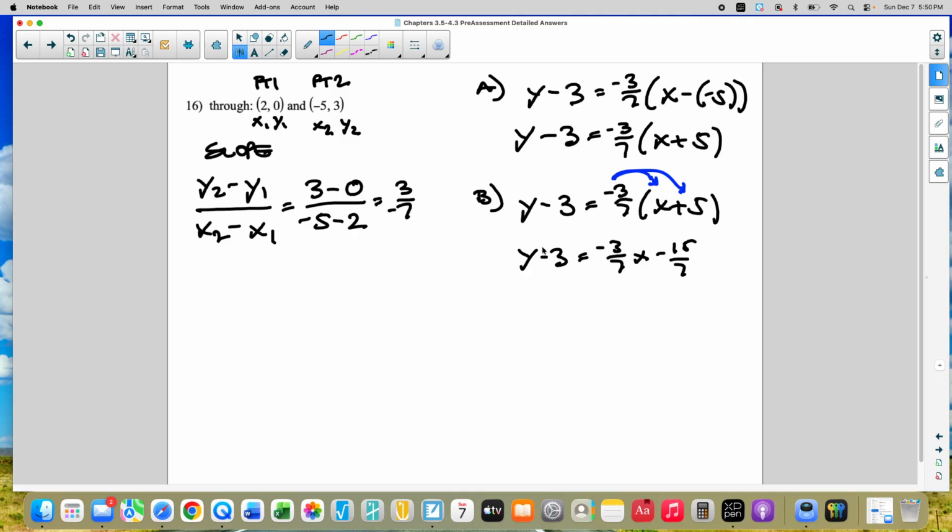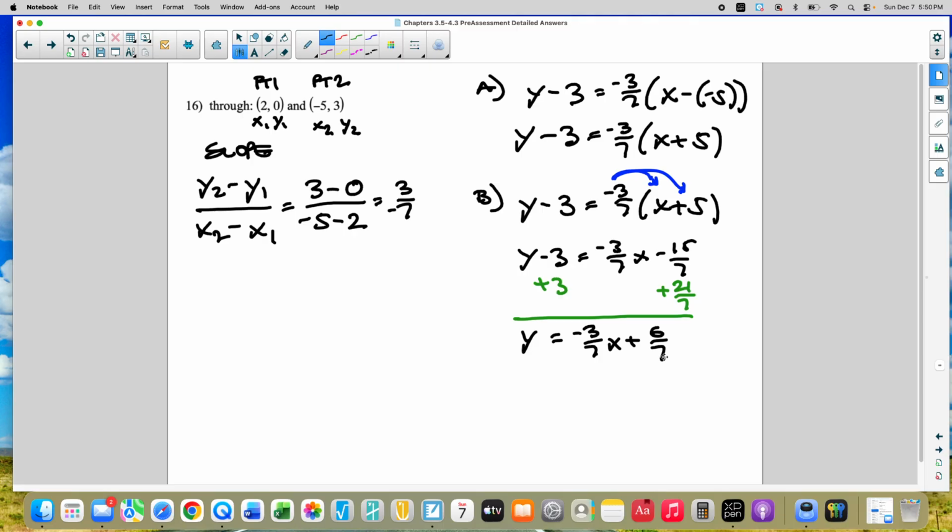So distribute and then move the constant. So we'll add 3 to both sides. 3 is 21/7. So this is y equals negative 3/7 x, and that's going to give me plus 6/7. That's in slope-intercept form.